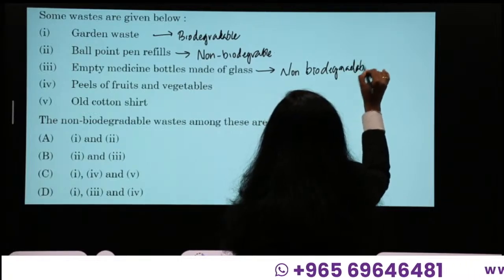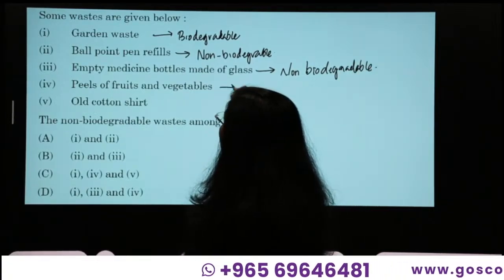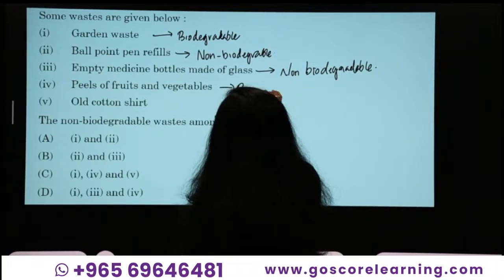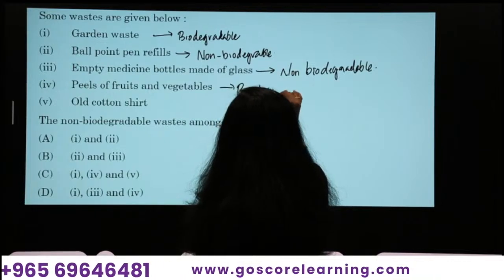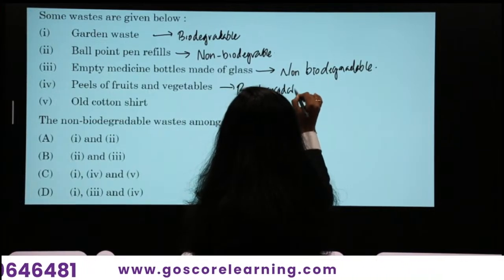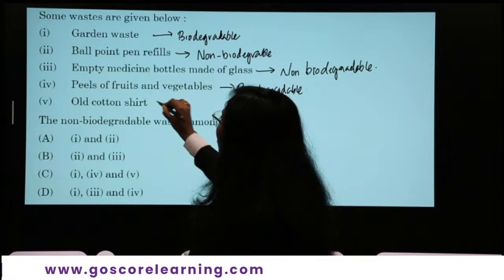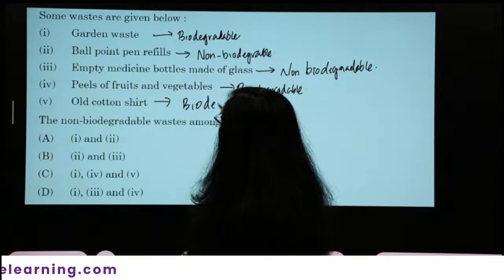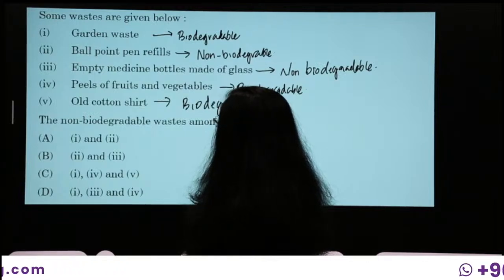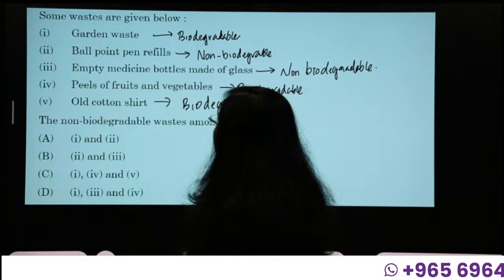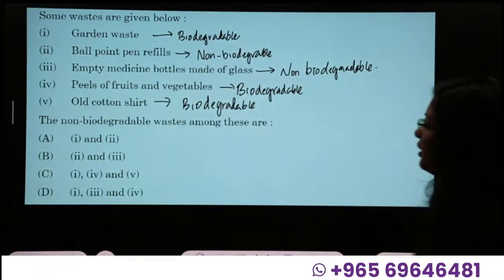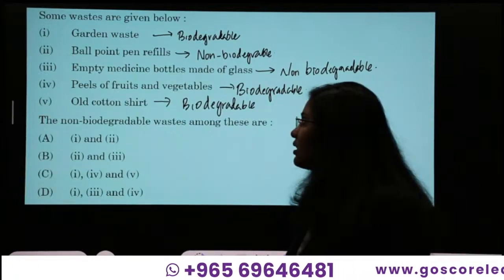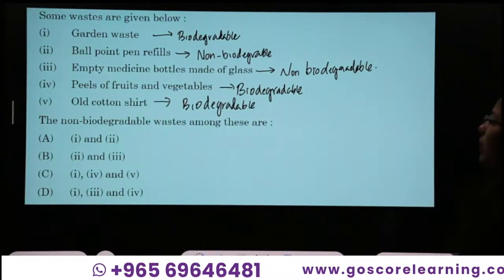Peels of fruits and vegetables are biodegradable. The old cotton shirt is also biodegradable. So this is how we can classify these as biodegradable or non-biodegradable substances.